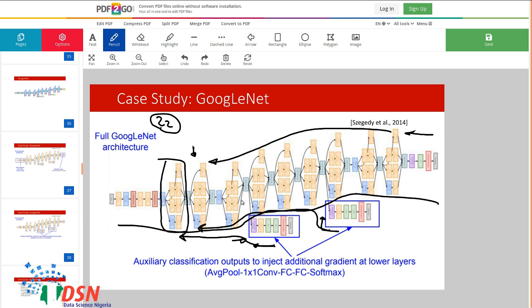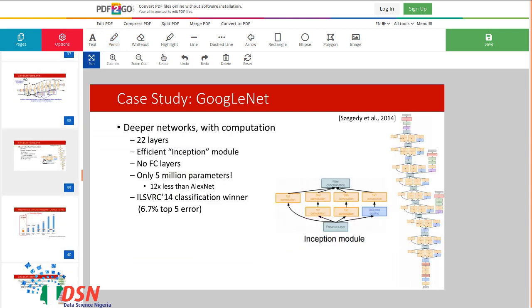Okay, now we could train the model more quickly and more efficiently. So they use auxiliary classification outputs to inject additional gradient to lower layers. And now you could see the summary of the points in here.